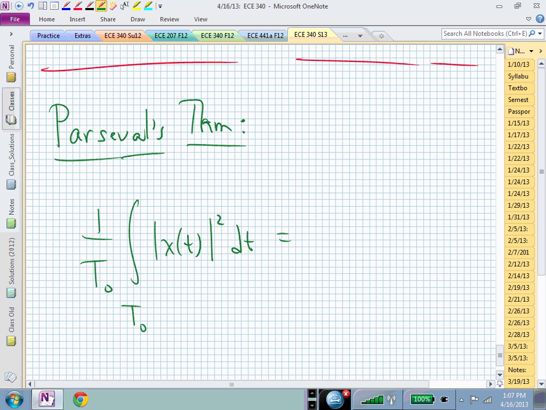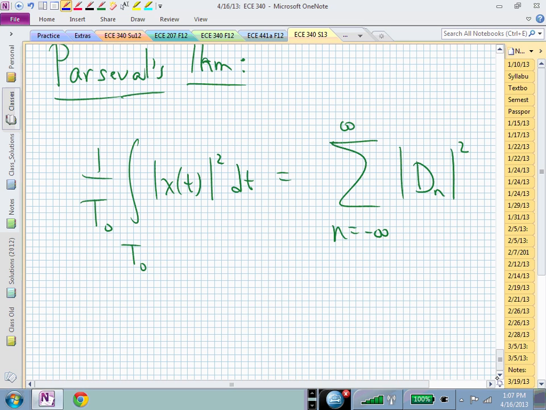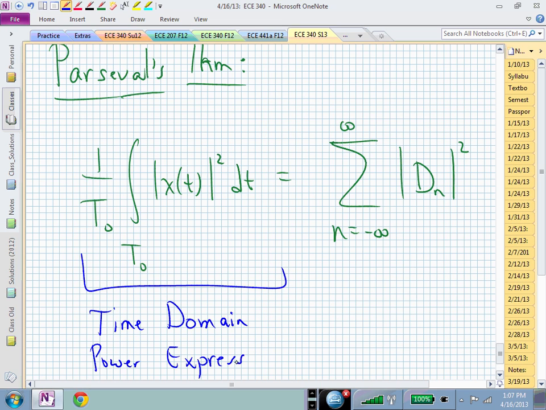And the frequency domain power is there. This is now our time domain power expression, and the right-hand side is an equivalent power expression. It's just using the notation that we've used in the frequency domain.